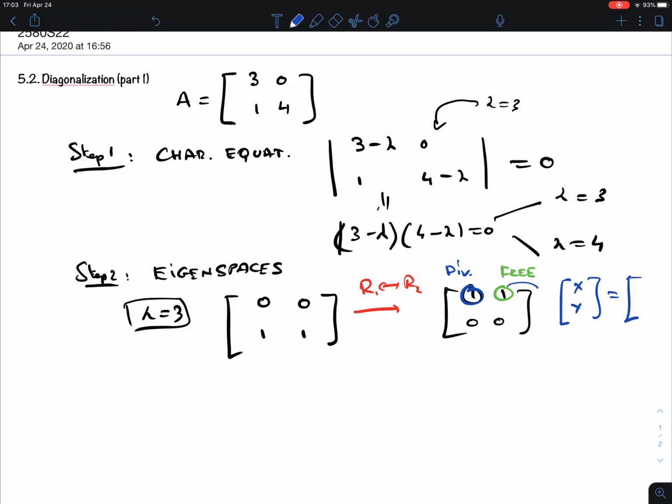This row means 1 times x plus 1 times y is equal to 0. So x is negative y, y is just itself, and then we factor out y and we get minus 1, 1, and this is the basis.